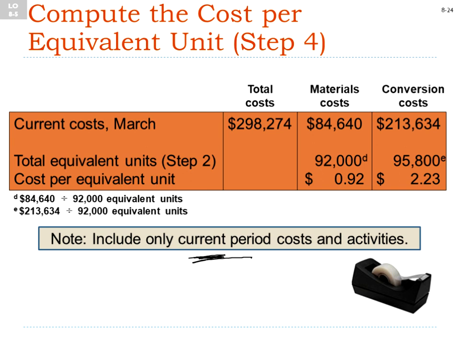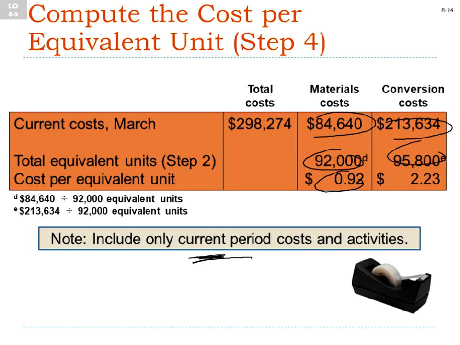On this slide, it tells us that March's materials cost was 84,640, and if we divide that by the 92,000 equivalent units, that gives us 92 cents per equivalent unit for materials. Then conversion costs for March were 213,634.